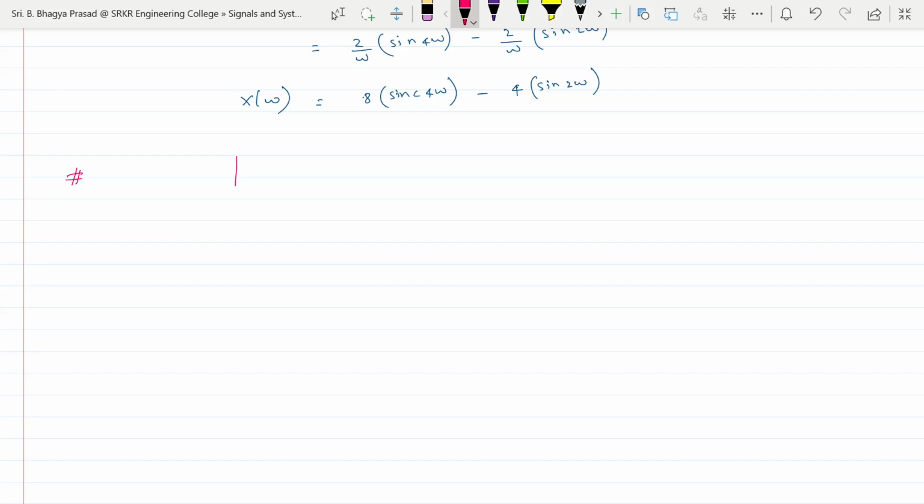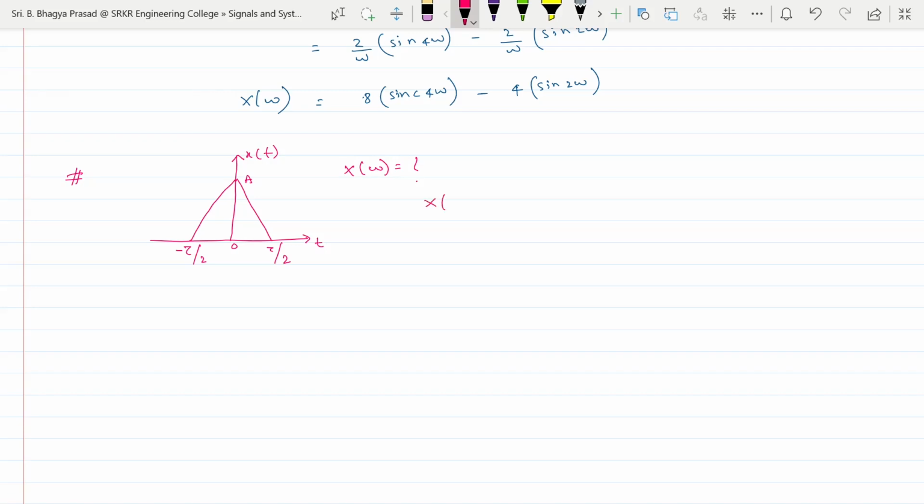Let me draw the triangle. You can solve this by considering the line equations also, from minus tau by 2 to tau by 2. I am considering this peak as A and this is x of t. So we have to find out x of omega, that is the Fourier transform.